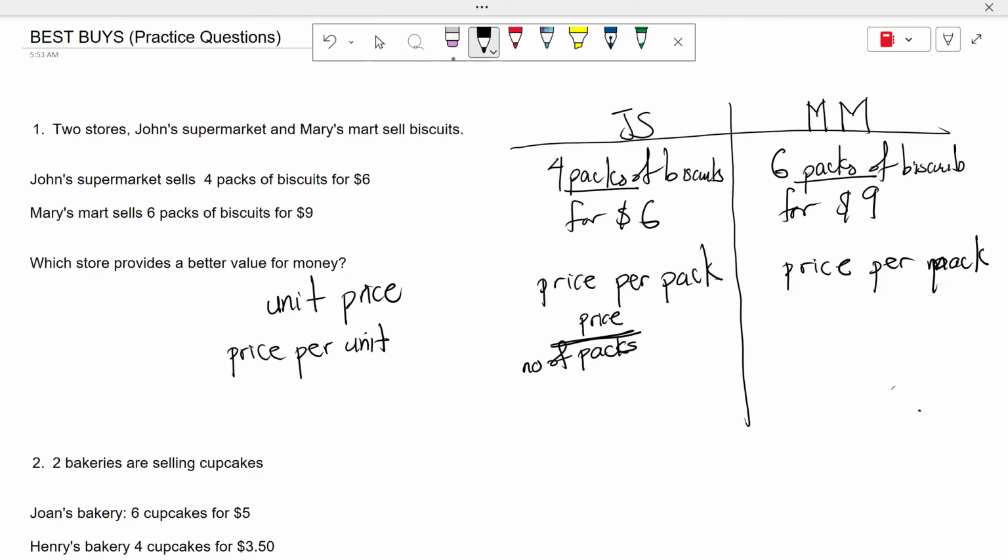So for John's Supermarket, we have the price of $6 divided by 4 packs.